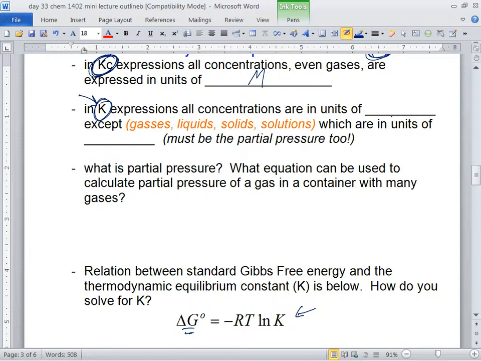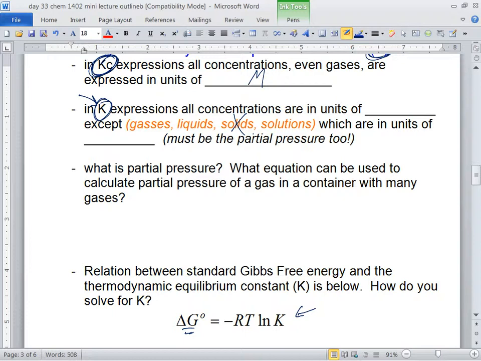Anyone remember this from the reading? Well, solids and liquids will never be there. They're never in any equilibrium constant expression. So definitely not that one. What's the units for everything? All these solutions are going to be in what units for the concentration? It's going to be the same.